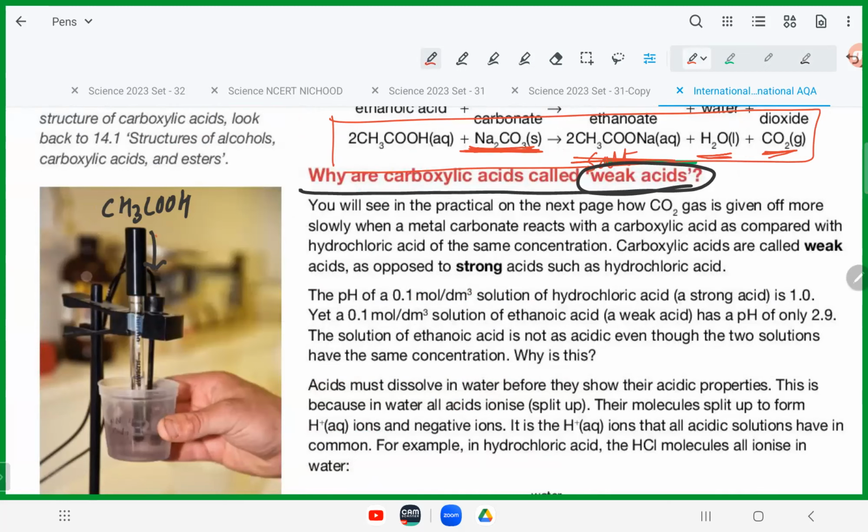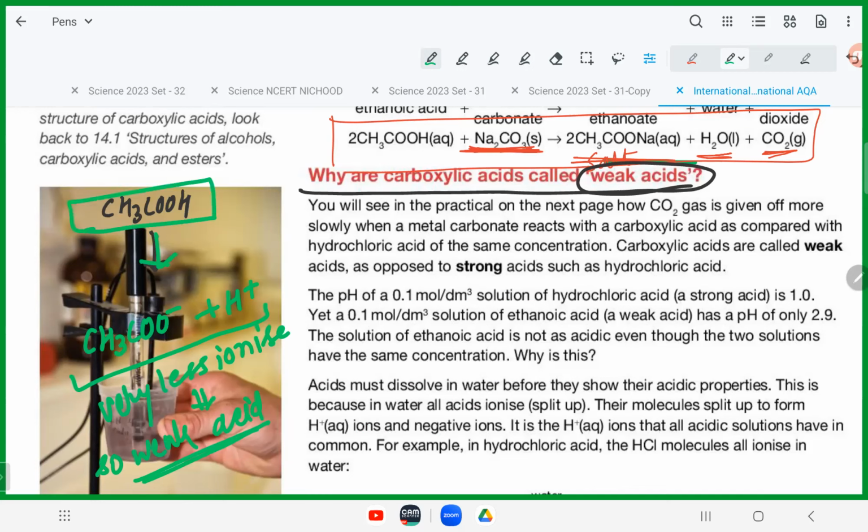You are going to get the ions. These ions will be CH3COO minus plus H plus. But it is very less ionized. So if it is ionized very less, it is going to be a weak acid, right? So acetic acid is a weak acid because it is less ionized.